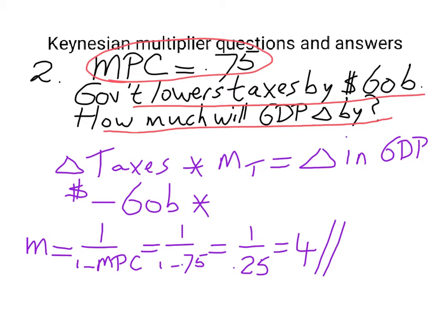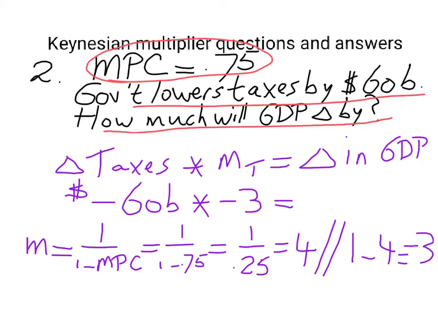Now that's not it yet, because that's a regular multiplier. The tax multiplier is a little bit different. Tax multiplier is actually 1 minus the regular multiplier. So 1 minus 4 is minus 3. So we're going to put minus 3 here.